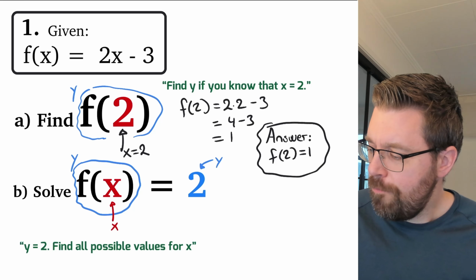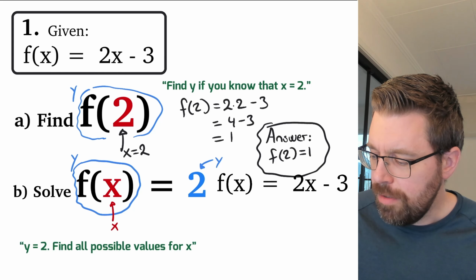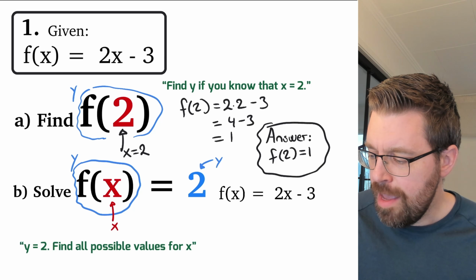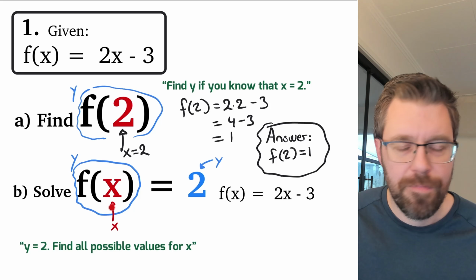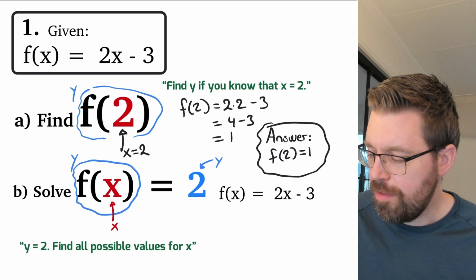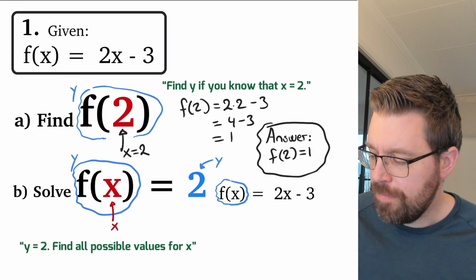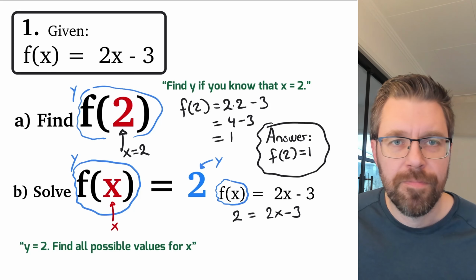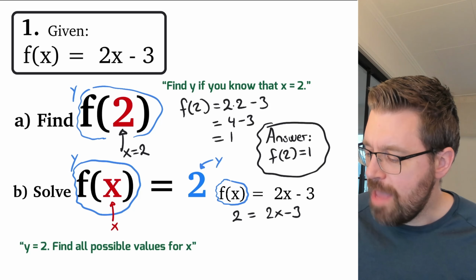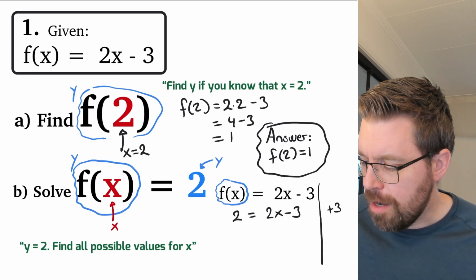And we take our equation like this. And the thing that we do is to replace f of x with 2. So we put the number 2 instead of this bit. So 2 equals 2x minus 3. And on both sides we add 3. And I write it only once, I write it here.